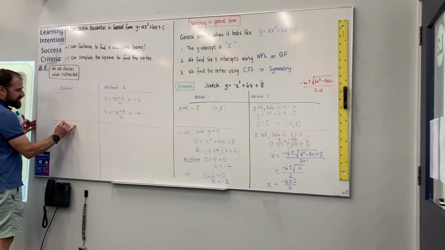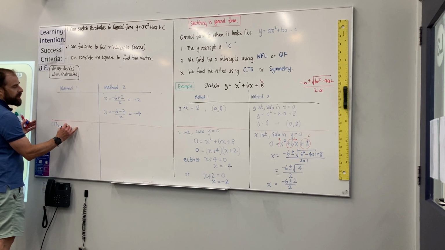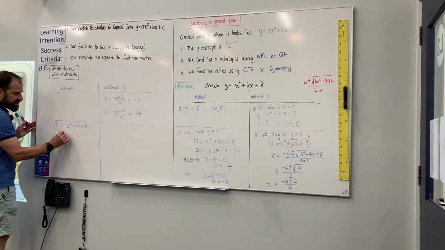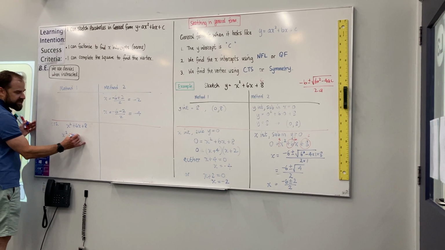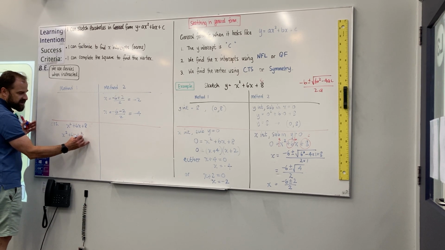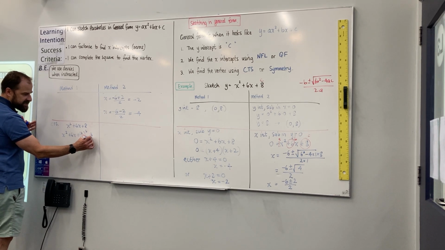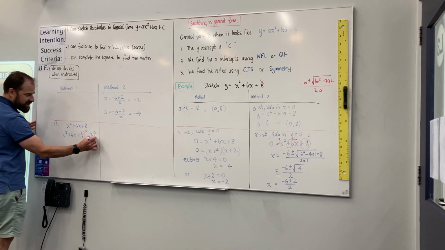So if we start with the equation x squared plus 6x plus 8, then to complete the square we're going to keep the x squared plus 6x, then we're going to add 6 divided by 2 squared, subtract it again, 6 divided by 2 squared, plus 8.